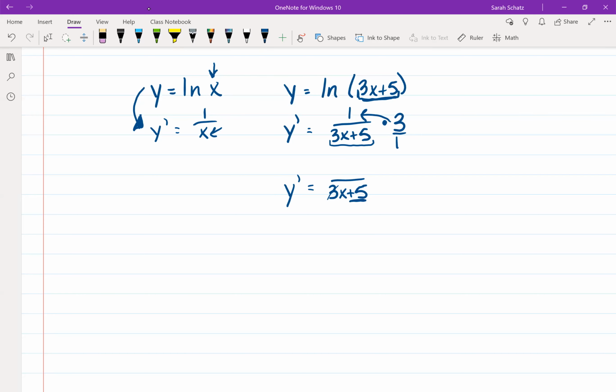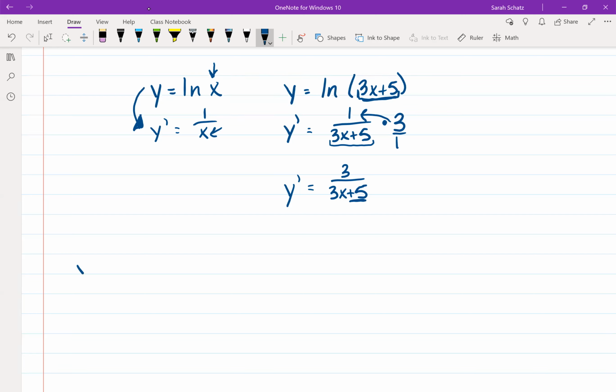You can't just divide a 3 out of the terms. Basically, you can't pick and choose what you divide something out of. So just be really careful. That's another kind of algebra review situation. Don't try to cancel stuff out that doesn't cancel. This is what your answer is going to look like.